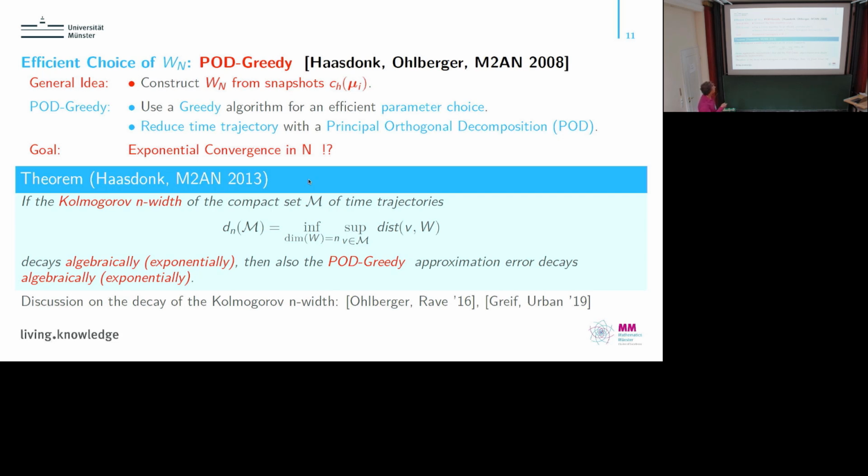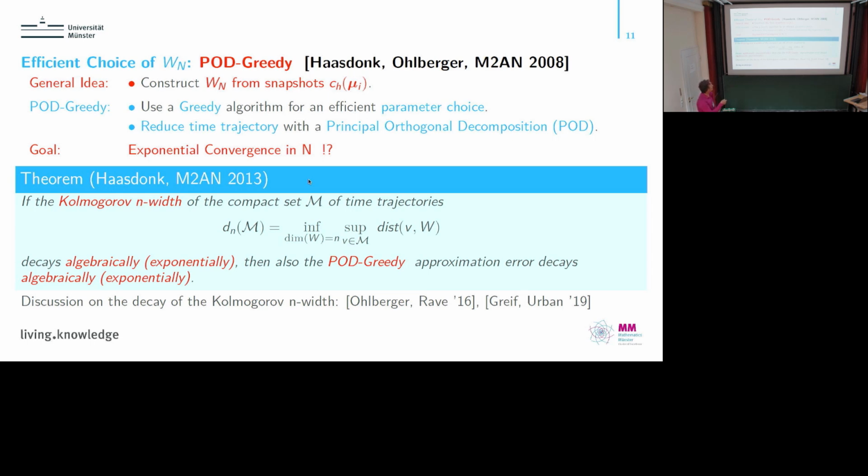So if you have picked this parameter, then you do a simulation in time, so you get a whole time trajectory. So these are a lot of functions in space for each of the time steps. And this is then compressed by using a PCA or proper orthogonal decomposition. So there is a singular value decomposition of the corresponding matrix where you put in the snapshots.